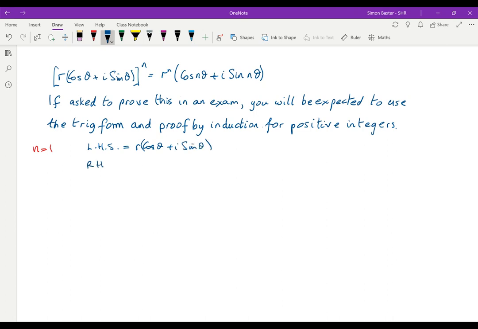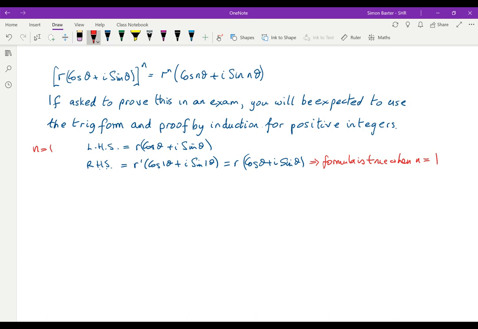The right-hand side is r to the 1 cos 1 theta plus i sine 1 theta, and that of course is just r cos theta plus i sine theta. And so now we can say that the formula is true when n equals 1.